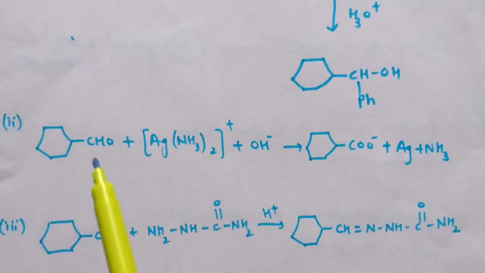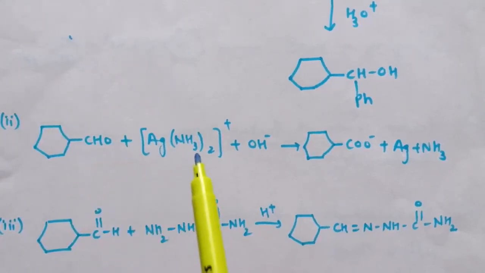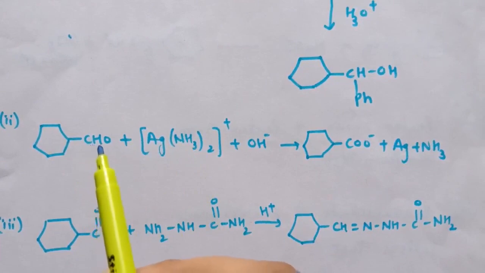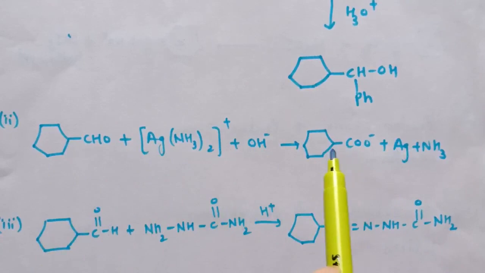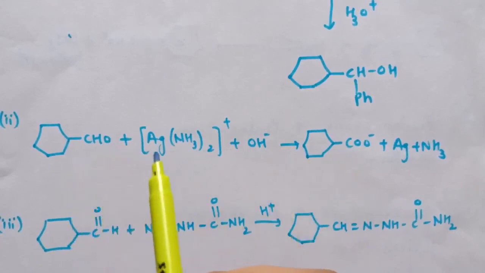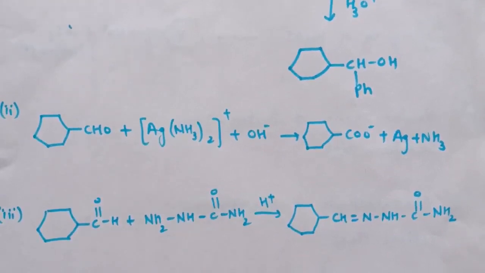Next is the reaction of cyclohexane carbaldehyde with Tollens reagent. Here the CHO converts to carboxylate ion and silver is deposited in the reaction mixture and it shines like a mirror. Next is the reaction of cyclohexane carbaldehyde with semicarbazide. This is the formula for semicarbazide.